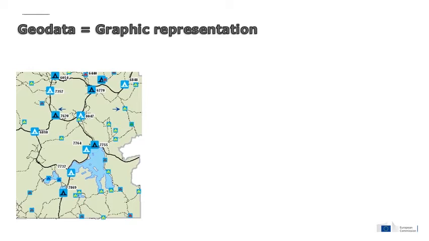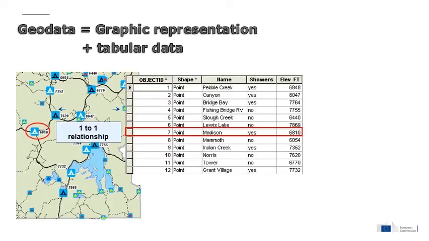We usually have the graphic representation, which can be a point, a line, or a polygon describing an object in space. And then we have tabular information added to it. It can be added through a database, through an application-based list of entities and so on. But basically, this is where the combination of graphics and databases come together.